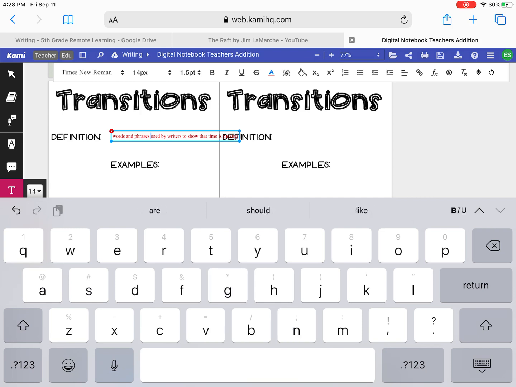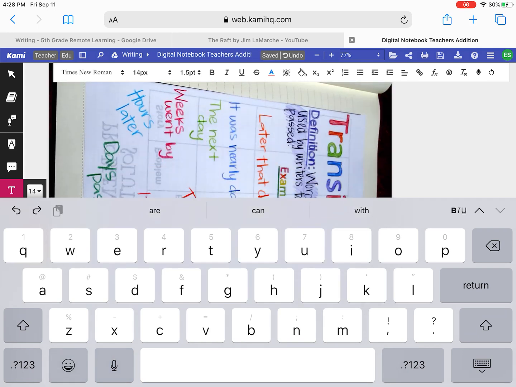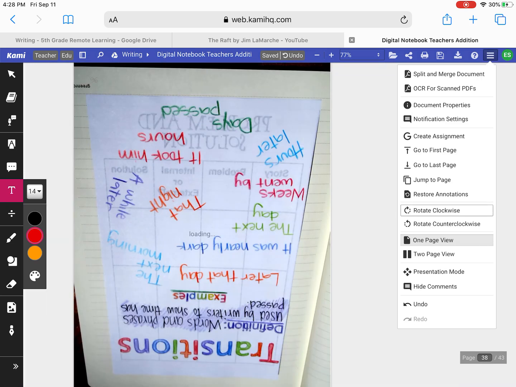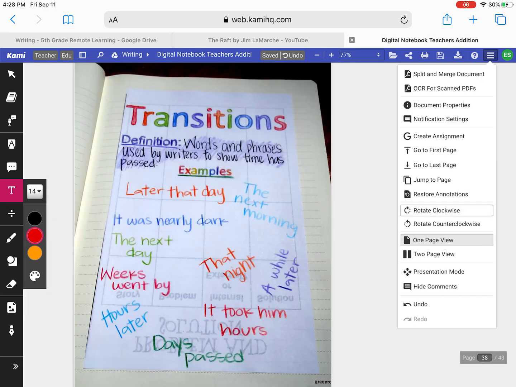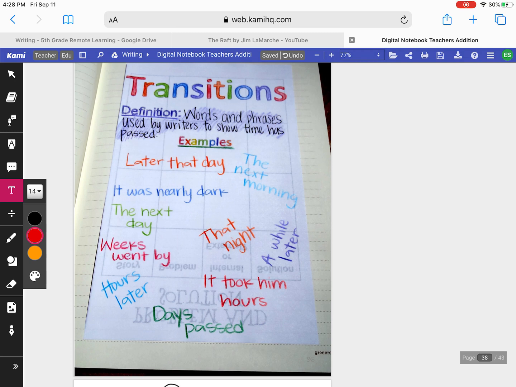Okay, we're going to scooch that over because we want to be able to see it. You'll notice down below that there are examples of such things.